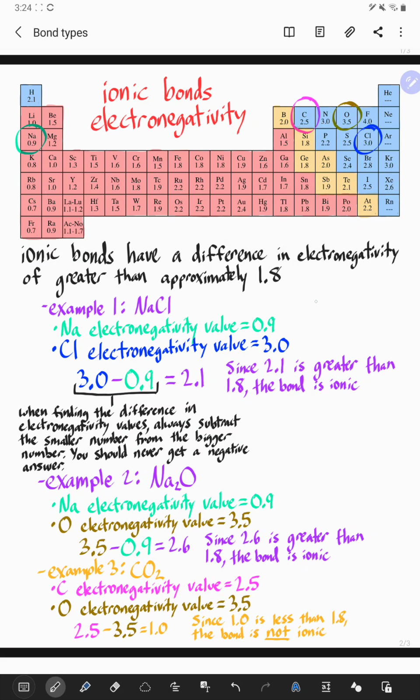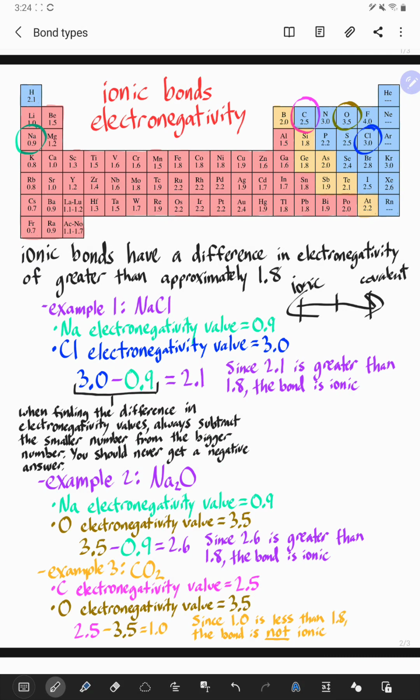So there's kind of a range, like a scale of where it falls between ionic or covalent, and whether it falls more to the ionic side or covalent side.